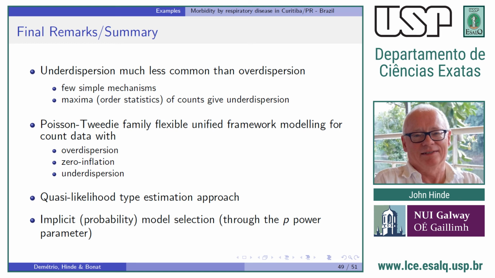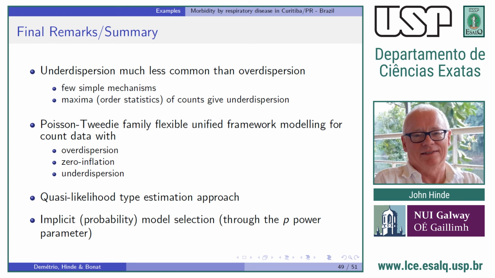A general family of models, though, are the Poisson-Tweedie, and they can handle, in a quasi-likelihood framework, overdispersion, underdispersion, and zero-inflation. So they give us a broad family of models. But it's all within a quasi-likelihood framework.